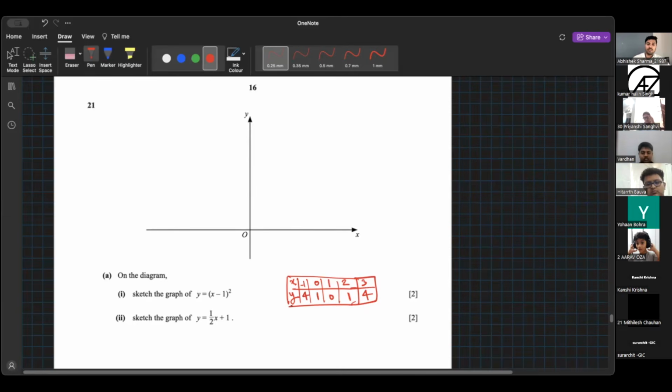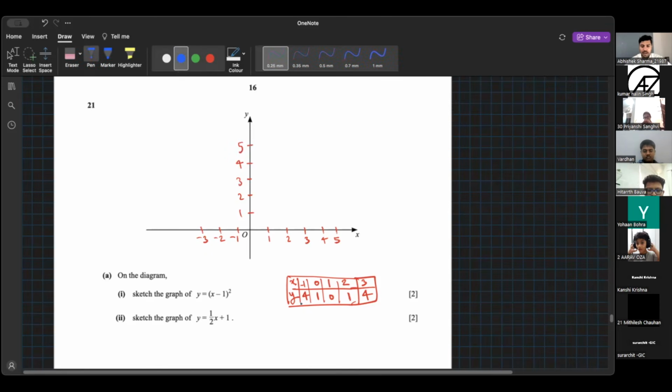Let's mark the points now. If this is 0, 1, 2, 3, 4, and 5, and on the left it is negative 1, negative 2, negative 3. Above it is 1, 2, 3, 4, and 5. This much is enough.